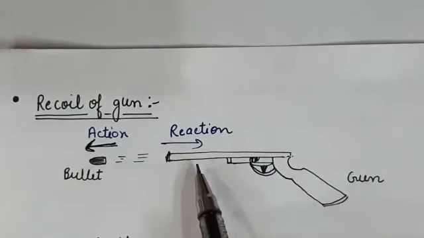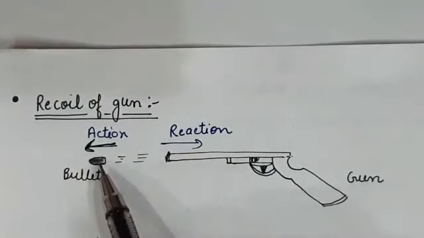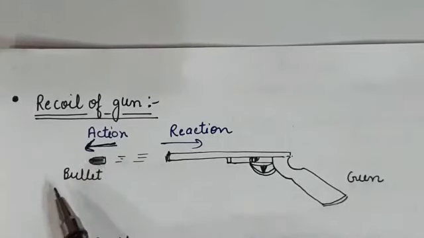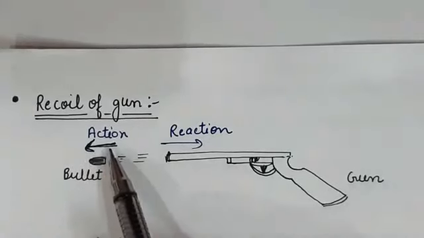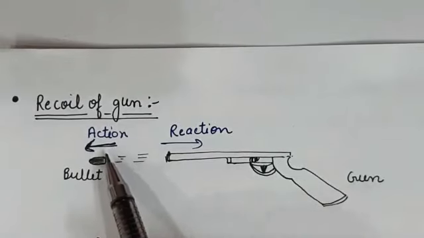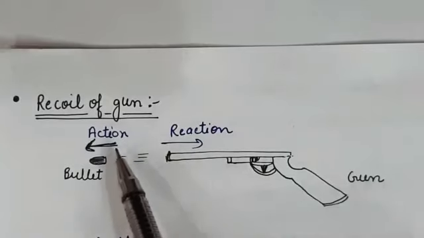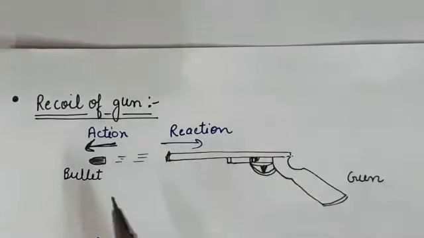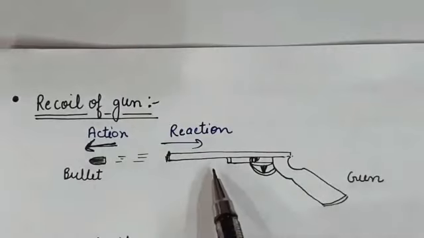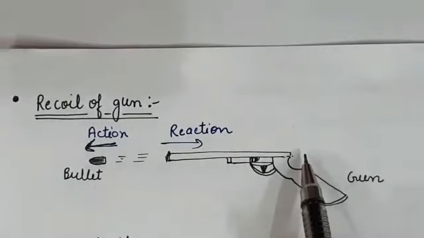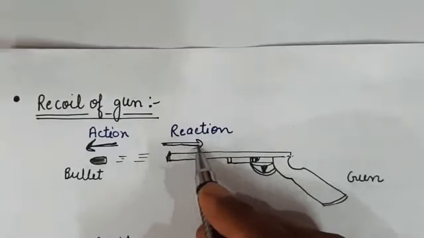The gun is exerting a force on the bullet, that's why the bullet moves in the forward direction. Now, the bullet also exerts an equal force on the gun in the backward direction. This is the reaction force.